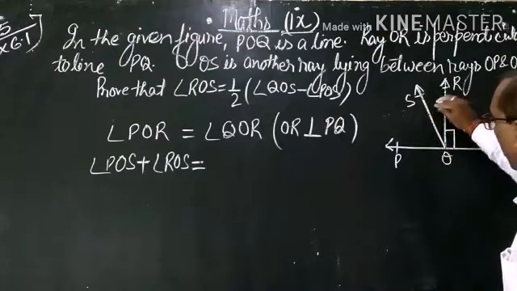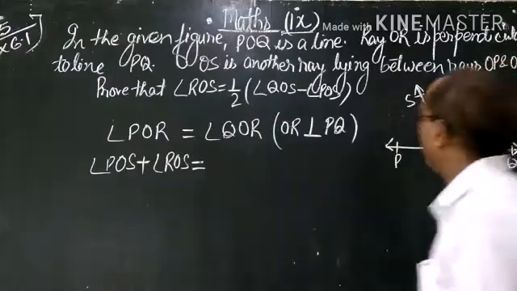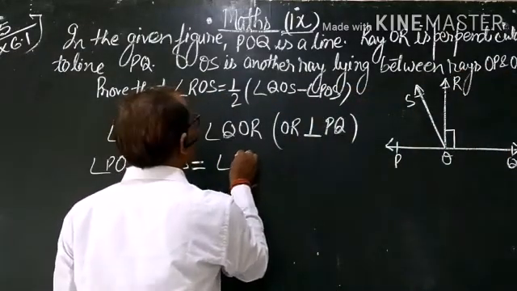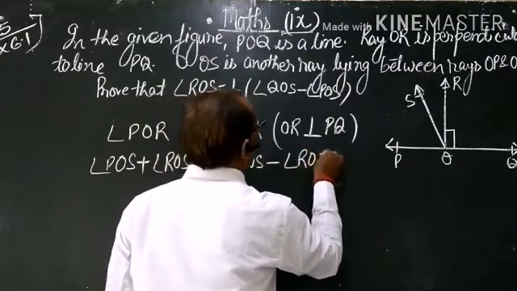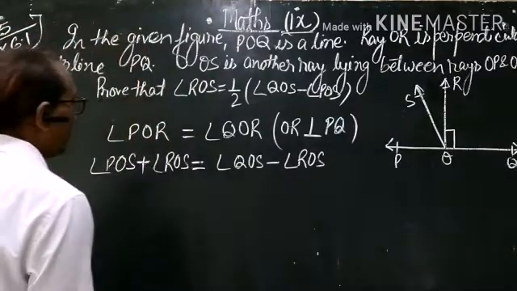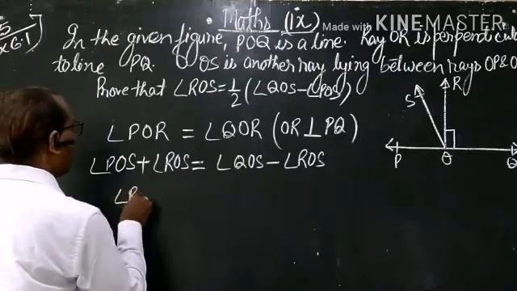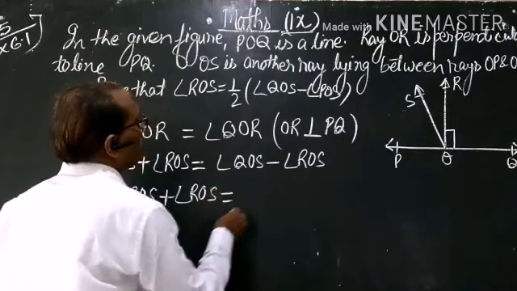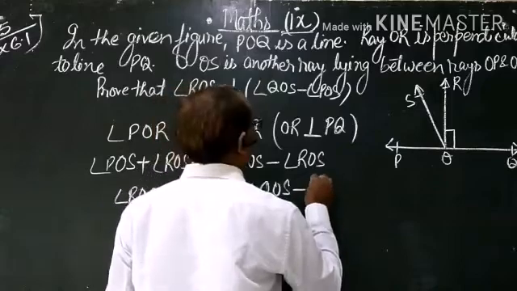Angle QOS minus angle ROS means this angle QOR. You write angle QOS minus angle ROS. Then you transpose angle ROS in left, you get angle ROS plus angle ROS is equal to angle QOS minus angle ROS.